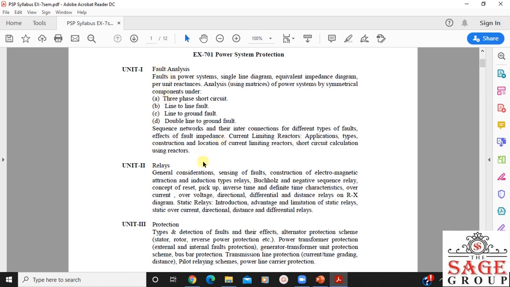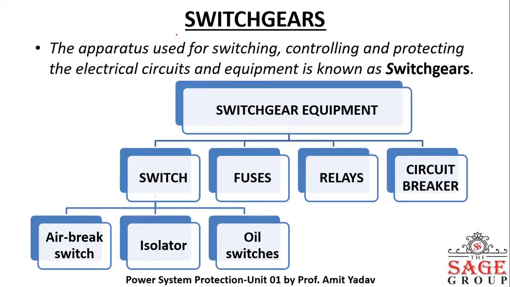Today I just discuss some basics about the power system protection subject. As I told you, this subject is also known as switchgear and protection. So in this video I will tell you some basic definitions about switchgear. So what are switchgears?